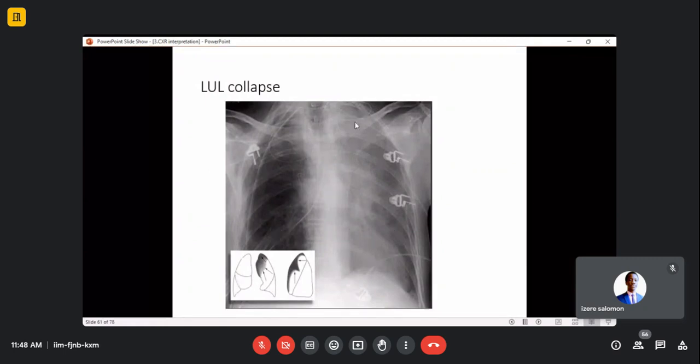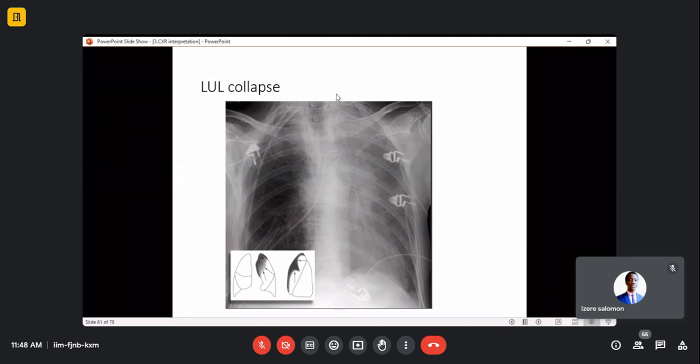It is opaque here, and there is a deviation of the mediastinum, and the left lower lobe has gone up. That's the reason why this opacity is not as opaque as it was supposed to be in a collapse, because the left lower lobe has occupied the vacated space.